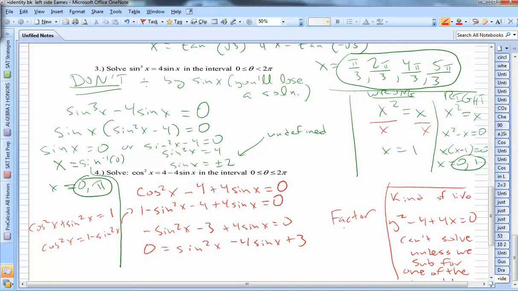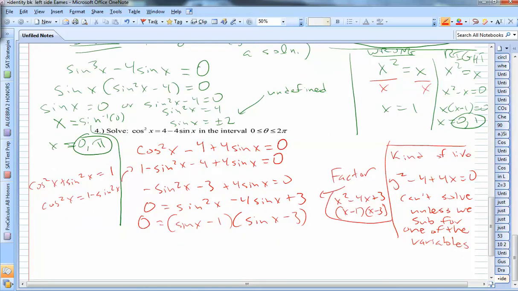Now this is going to be just like saying x squared minus 4x plus 3, which hopefully you know is x minus 1, x minus 3. So same thing here. Sine x minus 1, sine x minus 3. It's analogous to factoring a quadratic.